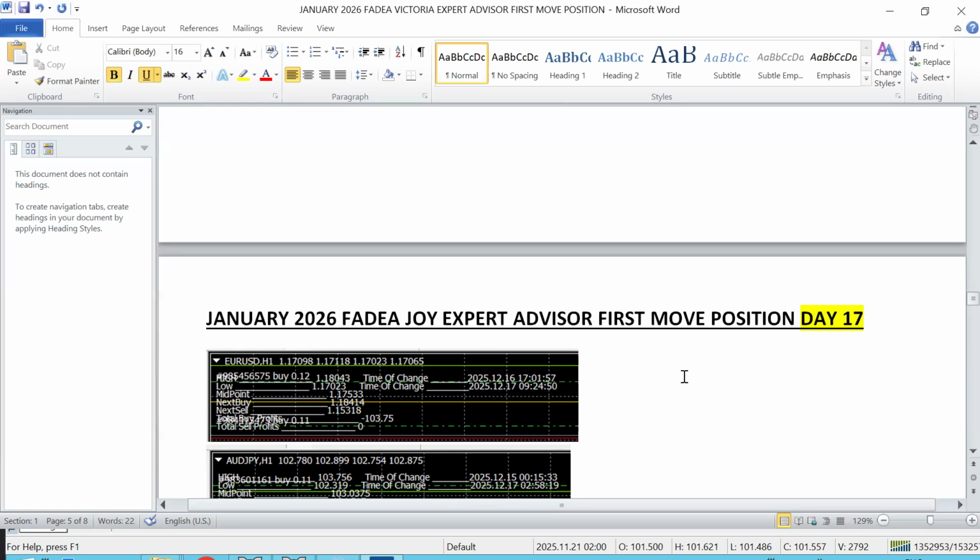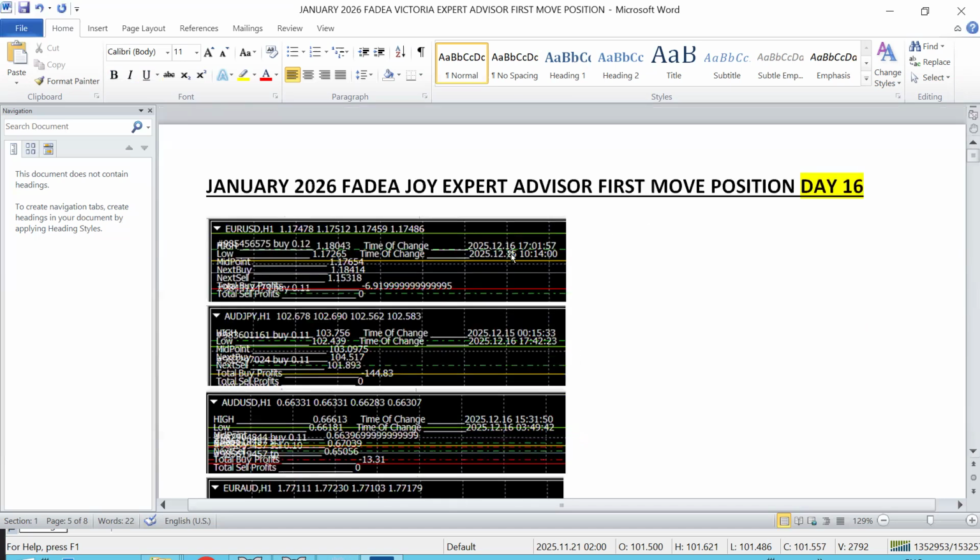Look at here now. The low was achieved on the 17th, which means the market came down. Unlike the first one, where the high was achieved on the 16th. So for now, the market has started a downtrend.